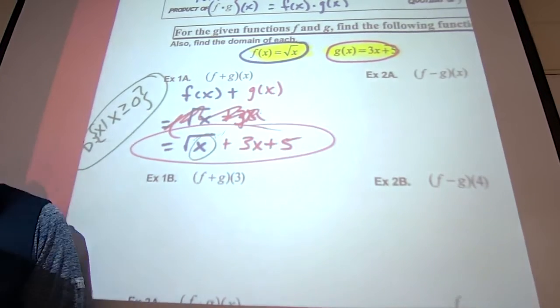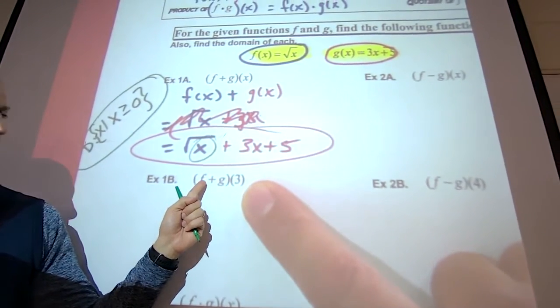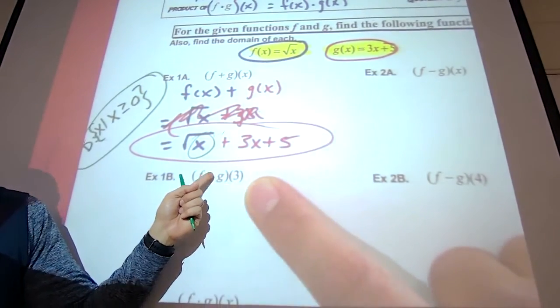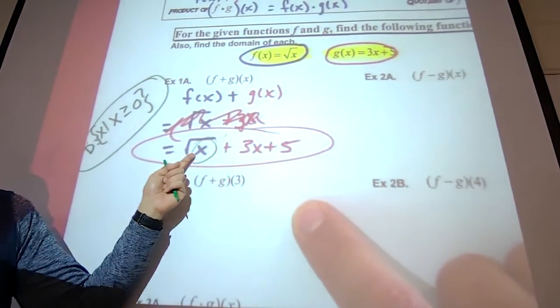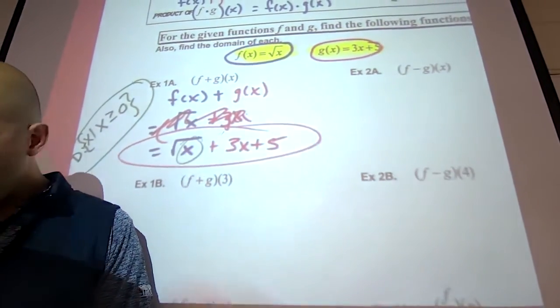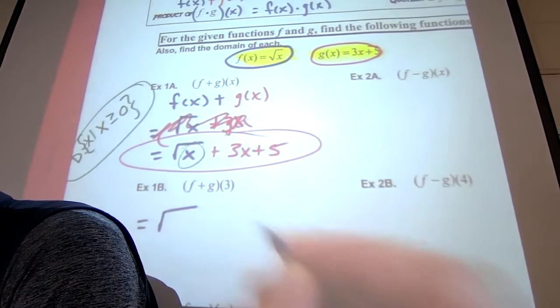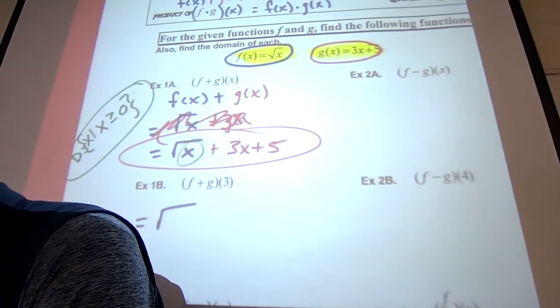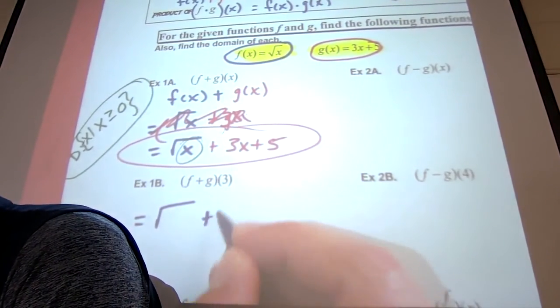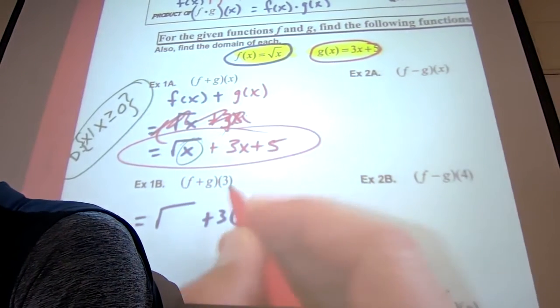All right, now if we're asked to evaluate, I'm going to work my way down. If they ask me to evaluate f plus g of 3, well, all we got to do is take f plus g of x, this guy, and then plug it in. Anywhere you guys see an x, we are going to put in parentheses, and in that parentheses, I'm going to plug in this value.